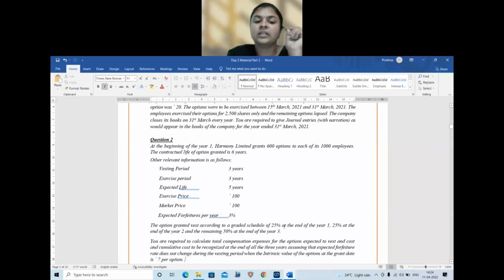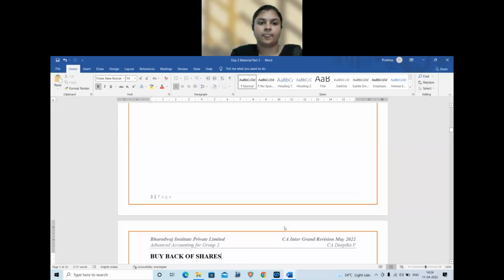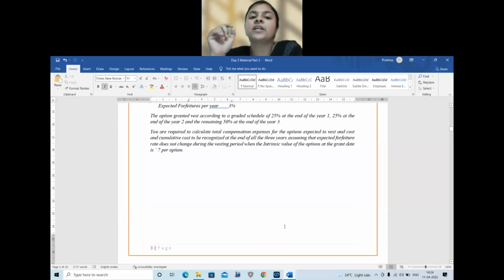Next. The options granted vest according to a graded schedule. So graded vesting is a concept where the options do not get eligible at once. They get eligible over a period of time.